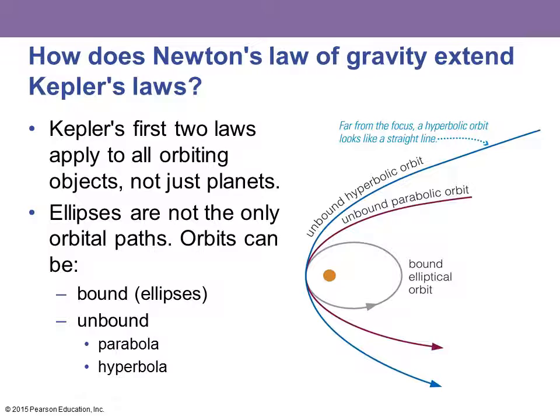And then there are what are called unbound, which would mean the object comes in, swings around the sun, and goes right back out again. And the two types are an unbound parabolic orbit, which is a little rounder, and an unbound hyperbolic orbit, which is a fairly thin orbit.